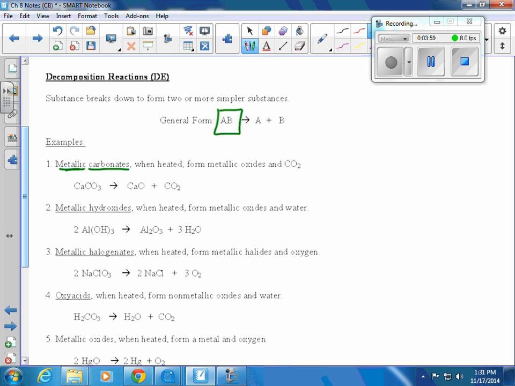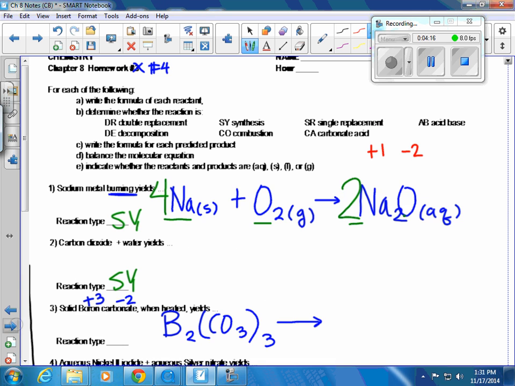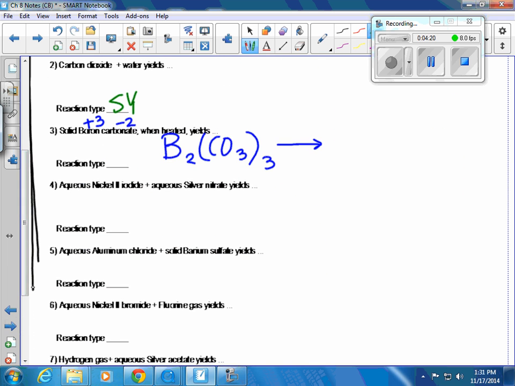I have boron carbonate. When heated, same thing that it says, forms a metallic oxide, a metal with oxygen, and carbon dioxide. So here it is, metal carbonate, calcium oxide plus carbon dioxide. So ours is going to do the same thing. It's going to make a boron oxide plus CO2.